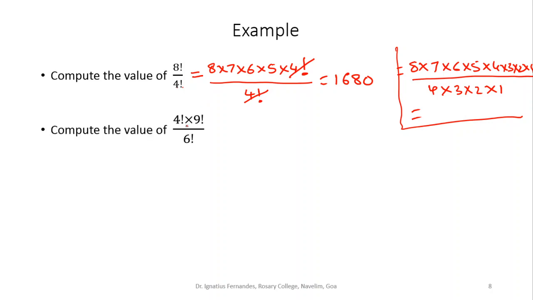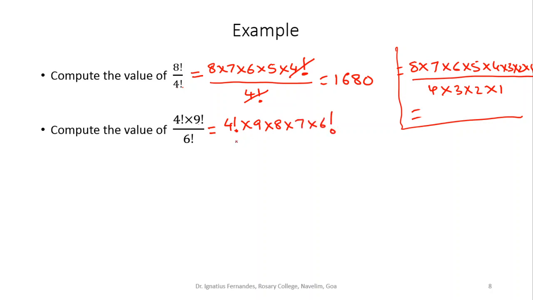Let's say I have 4 factorial into 9 factorial upon 6 factorial. Either I can write down all the terms explicitly and then carry out cancellations, or I can see that I have 6 factorial in the denominator and 9 factorial here. 9 factorial is bigger than 6 factorial, so you can simplify 9 factorial till 6 factorial. I'll keep 4 factorial as it is. 9 factorial is 9 into 8 into 7 into 6 factorial.